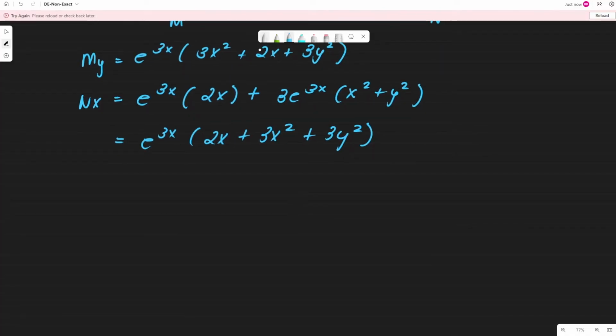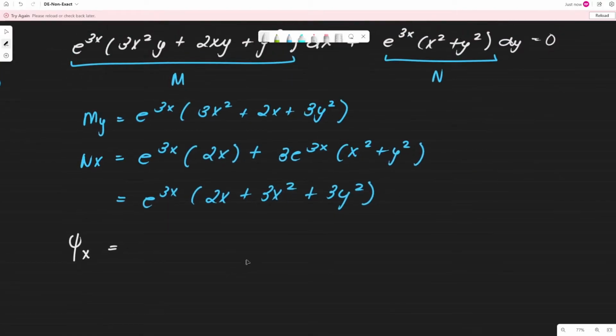So, we'll have psi x that is equivalent to, sorry, not my but rather yung m natin. So we have e raised to 3x times 3x squared y plus 2xy plus y cubed.